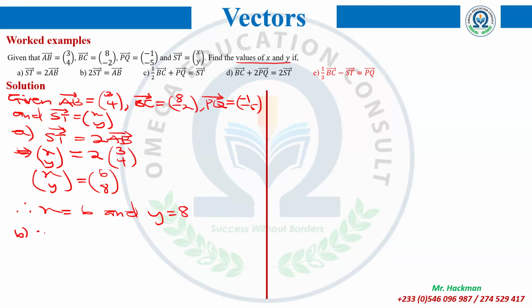And I'm supposed to use twice the vector ST is equal to the vector AB. So this is an equation, or a relation of sorts. Can I start with equal to?